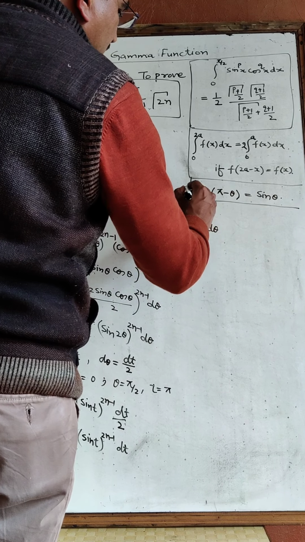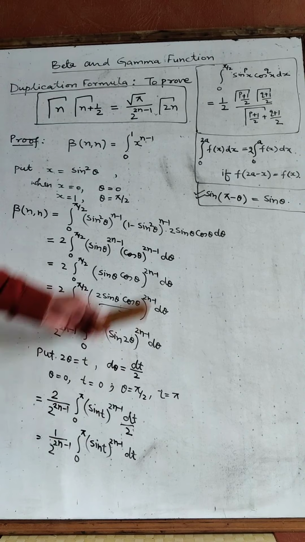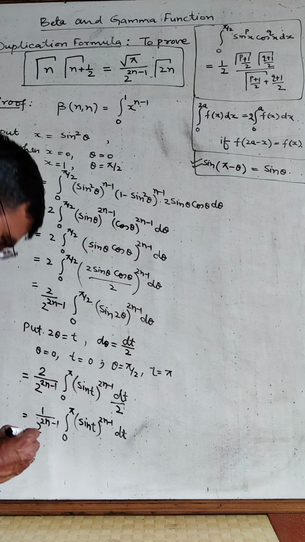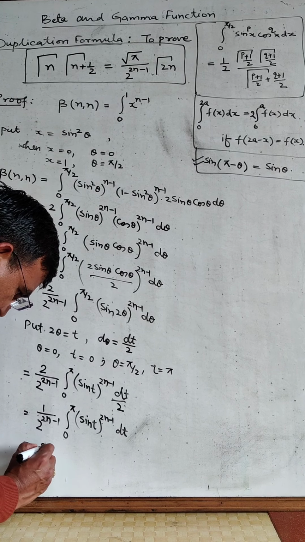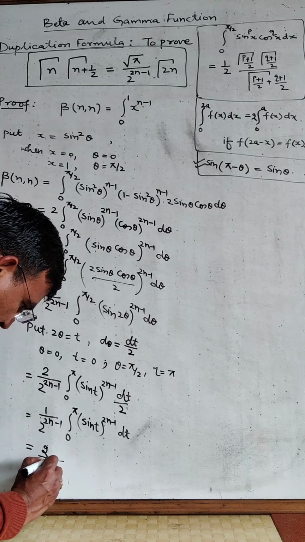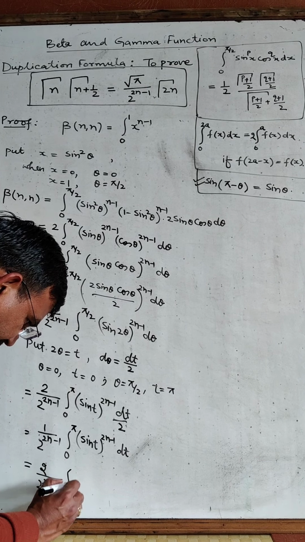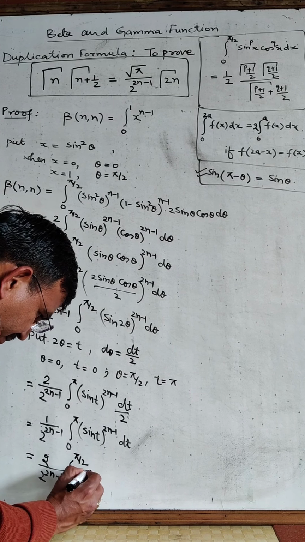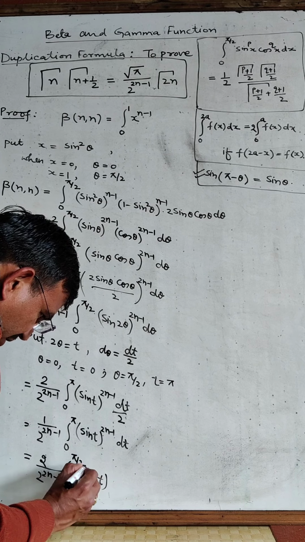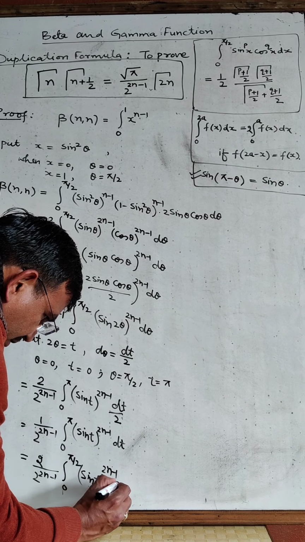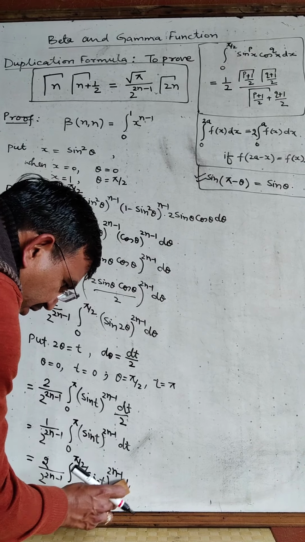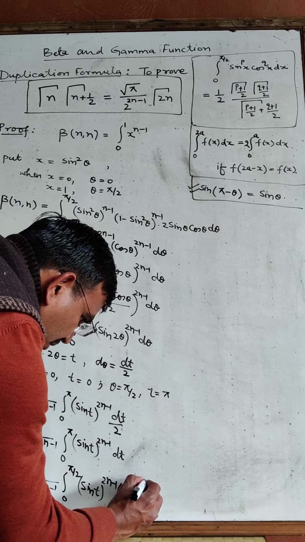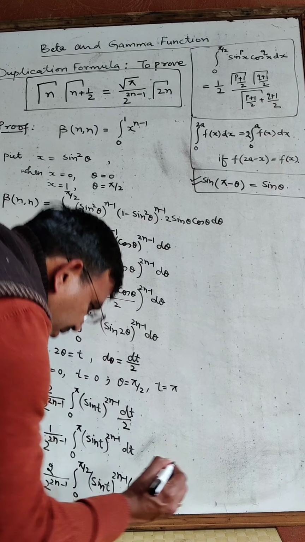So using this result from definite integrals, we can write it as equal to twice 1 over 2 raised to the power 2n minus 1, definite integral from 0 to pi by 2 of sine t raised to the power 2n minus 1, and here we can write cos t raised to the power 0, dt.